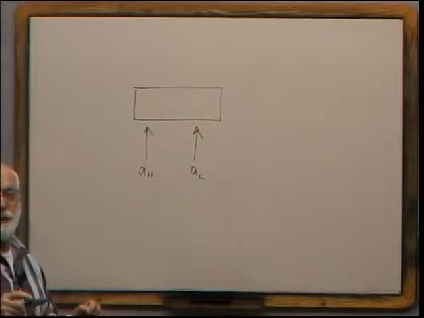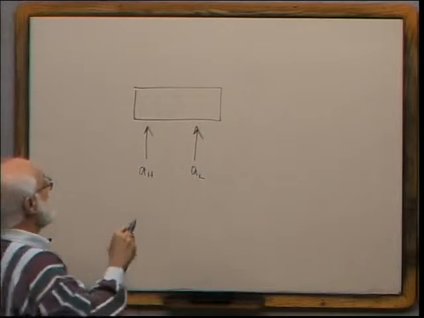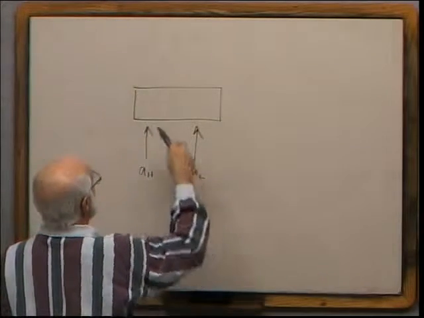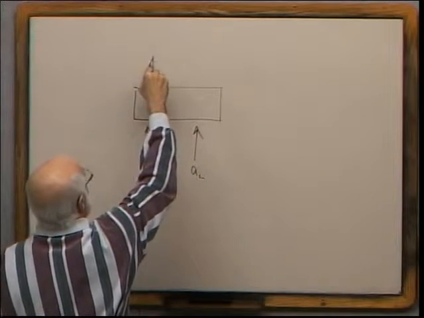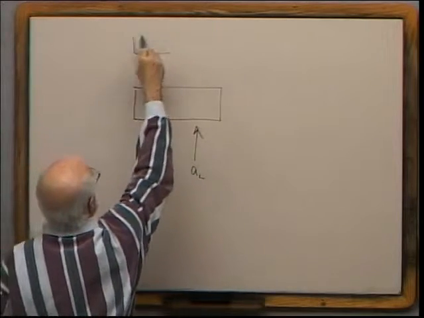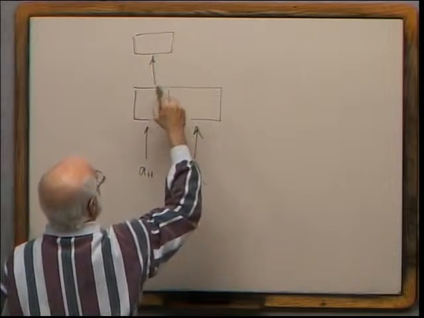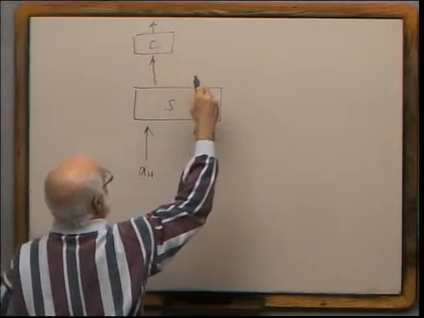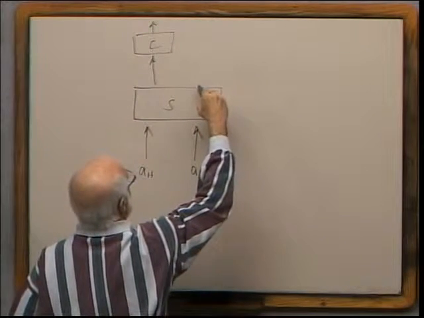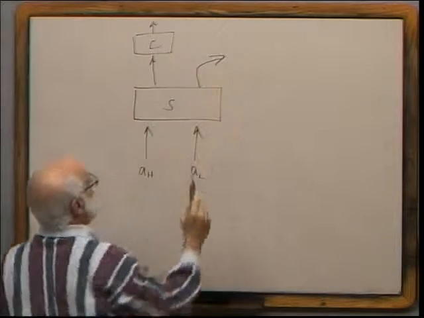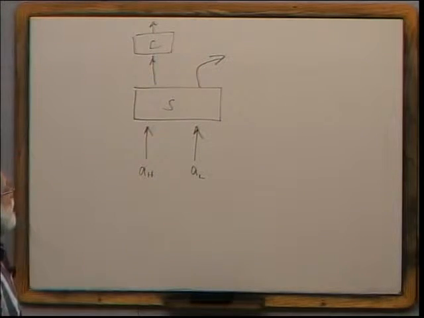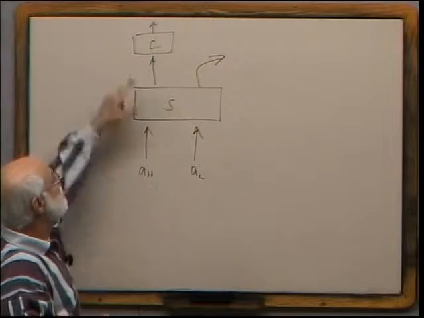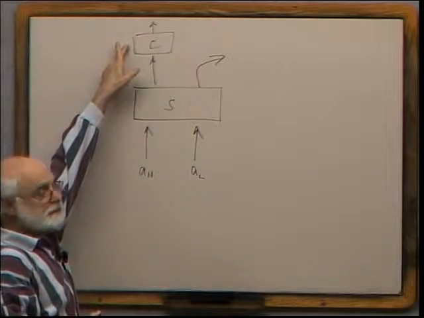But the way I differentiate between high priority and low priority is that high priority have another shot. So there's maybe S servers here and C servers here. Whereas the low priority, if they don't get carried by the original S servers, they're lost. So it's sort of obvious that the high priority customers are going to get better service because they have another auxiliary group of servers to go to.